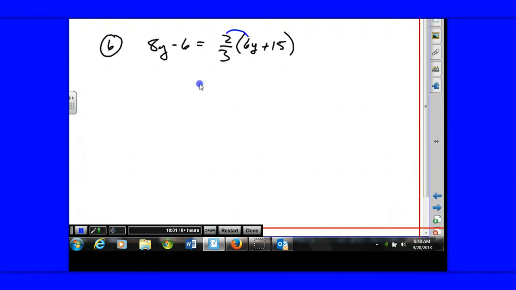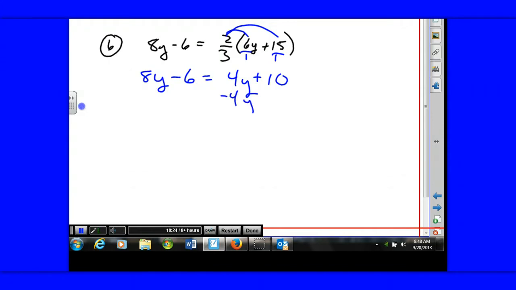All right, so when we distribute, the 3 can divide nicely into these numbers, right? 3 goes into 6 2 times. 2 times 2 is 4. 4y's. 3 goes into 15 5 times. 5 times 2 is 10. Okay, over here we have 8y minus 6. So which side did you move your y's to?